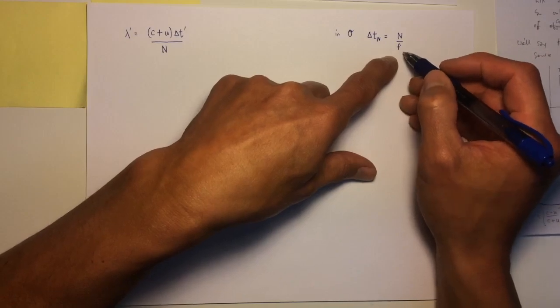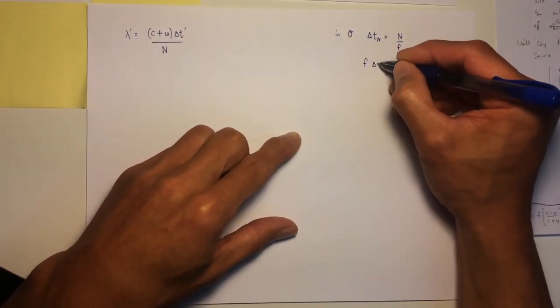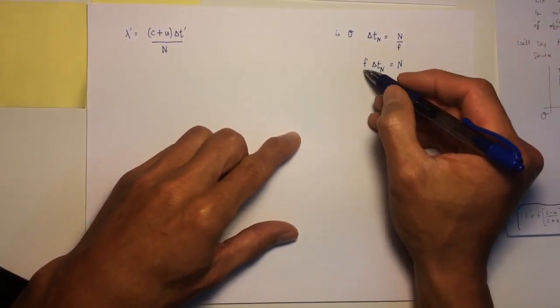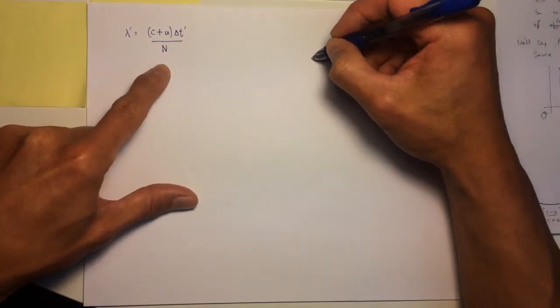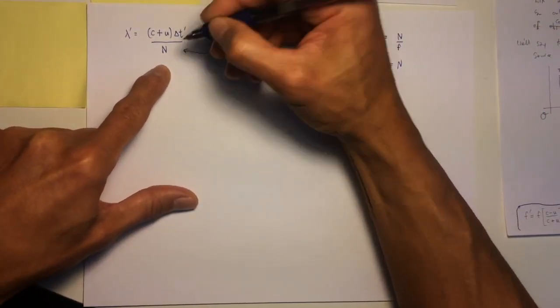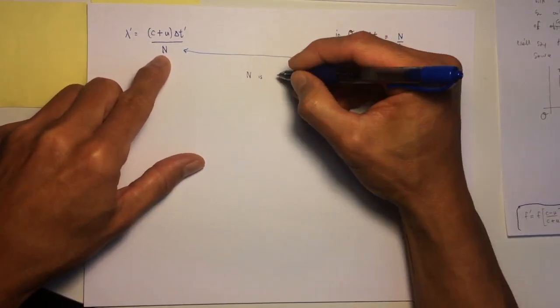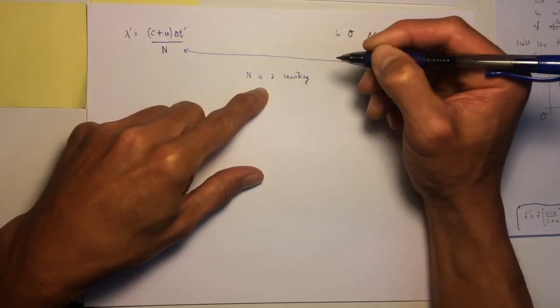And so the point is I'm going to multiply this f up on this time measurement to get n, and then I'm going to take this and put it right there. So if I do this, what's interesting about this is n is a counting, right?